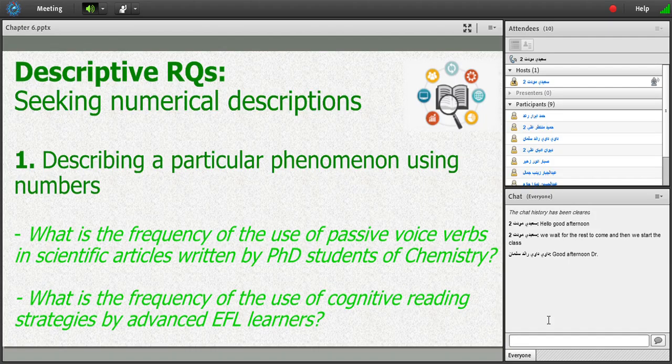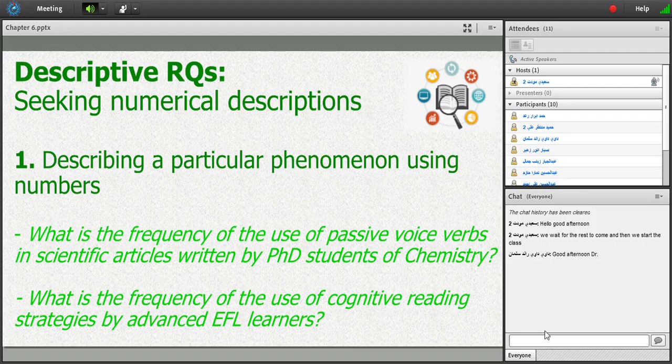The very first type of quantitative research is the descriptive one. So we have descriptive studies, we have descriptive research questions. In descriptive studies, we try to find numerical descriptions. By numerical descriptions, we mean we try to find numbers that have interpretations, that have meanings.